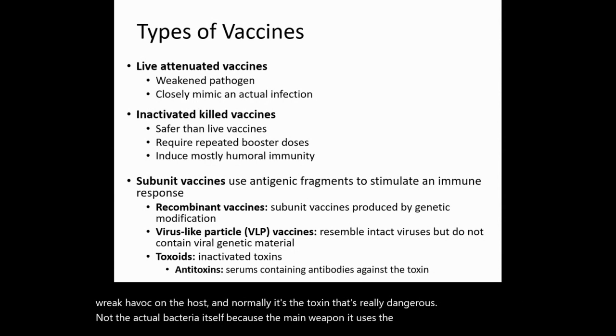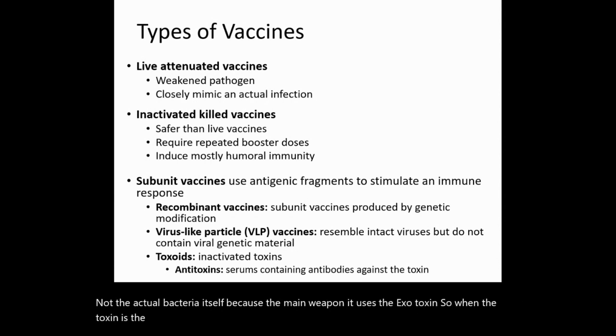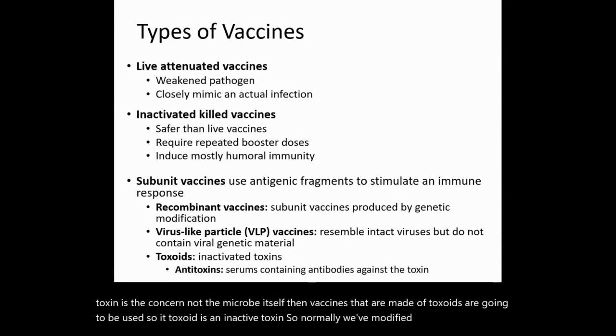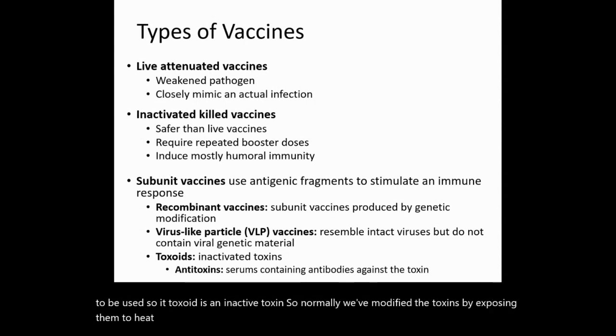So when the toxin is the concern, not the microbe itself, then vaccines that are made of toxoids are going to be used. So a toxoid is an inactive toxin. So normally we've modified the toxins by exposing them to heat or some sort of chemical agent that makes them harmless.